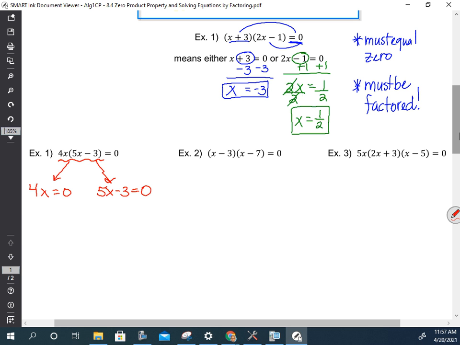After you separate it, then you solve it. So 4x = 0 means 4 times x equals 0. I'm going to divide by 4. So x = 0. It's perfectly fine to get an answer of 0.